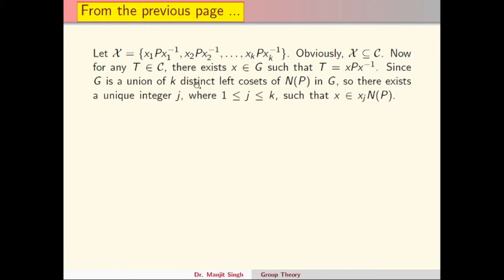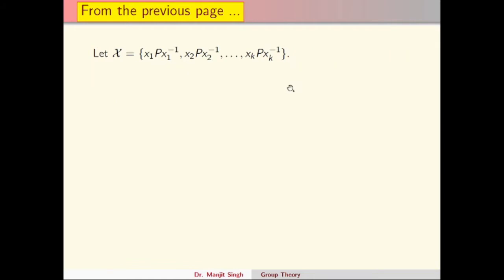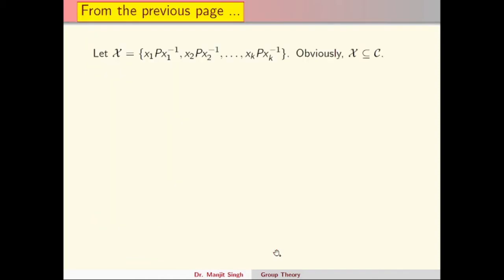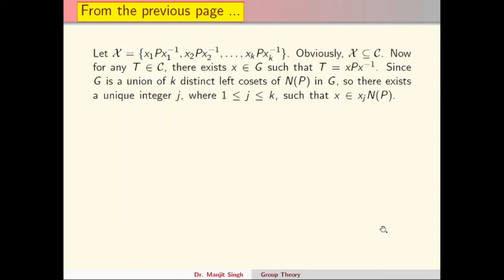Since G is a union of the left cosets of N(P) in G, x belongs to this union, and therefore x belongs to some left coset of the normalizer of P. So there exists a unique integer j such that x belongs to xj N(P).